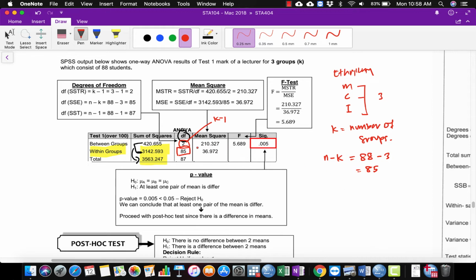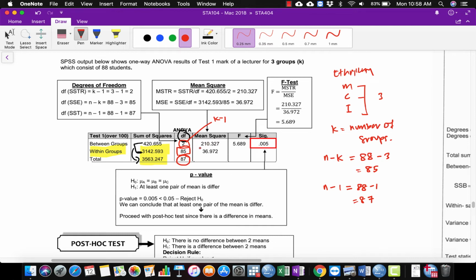Okay. So the last is the degree of freedom for total. Total means n, the sample size, minus 1, which is 88 minus 1 equals 87, right?